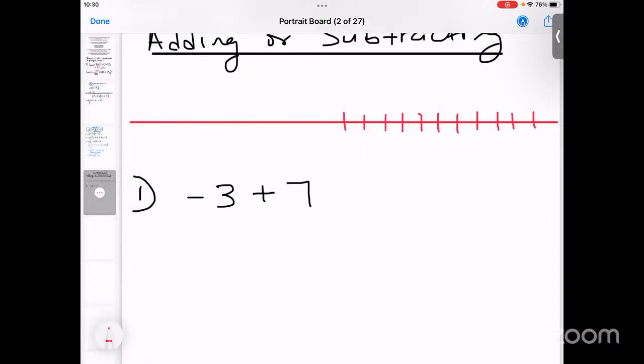Let me put 0 here. -1, -2, -3, -4, -5, -6, -7, -8, -9, -10 goes up to infinity. And just say 1, 2, 3, 4, 5, 6, 7, 8, 9, 10.